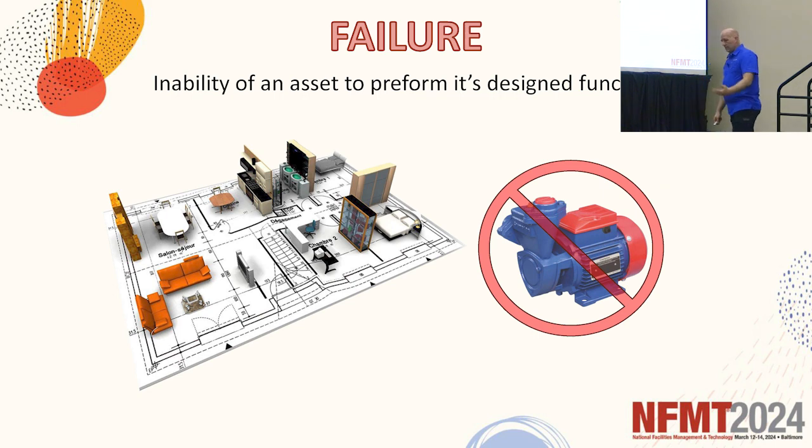So again, I'm a big proponent of fundamentals, so definition-wise, failure. A failure is an inability of an asset to perform at its designed function. When you specify an asset at the beginning of its life cycle, when you define how you're going to put the building together and what that asset's really going to do, you have parameters that it's supposed to operate by. With those parameters, you want to make sure that it follows that cycle so that it operates properly.